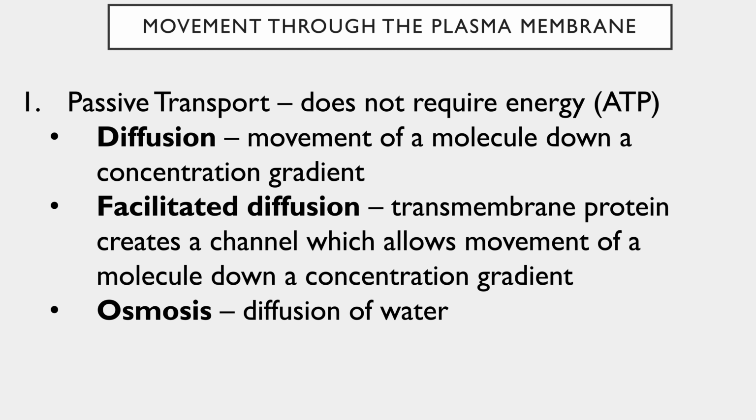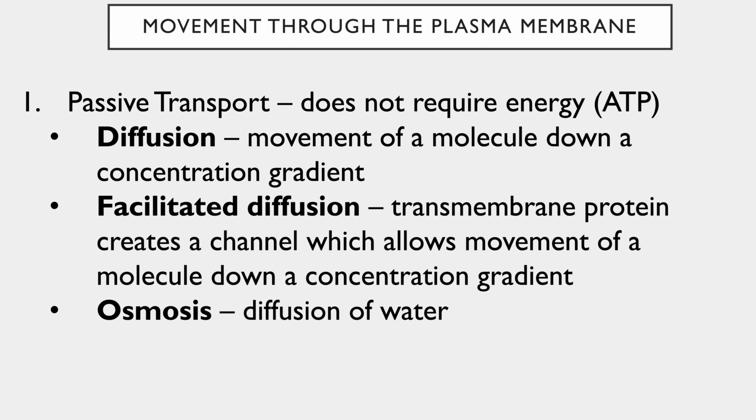The second type is called facilitated diffusion, and essentially this is diffusion across the membrane, but the molecule needs help to get across. We use a protein called a transmembrane protein, and it will create a channel which allows movement of the molecule down a concentration gradient. Again, meaning moving from a high concentration to a low concentration.